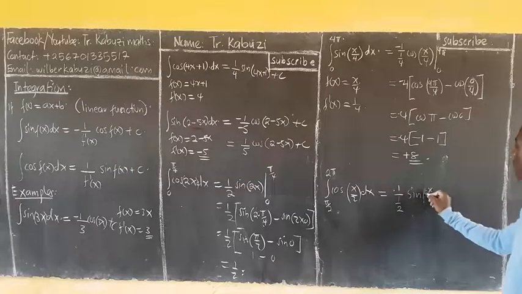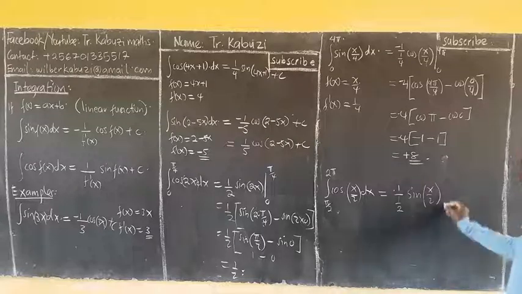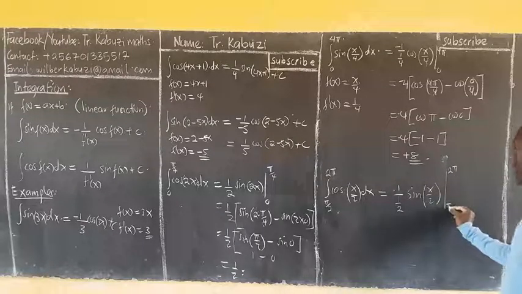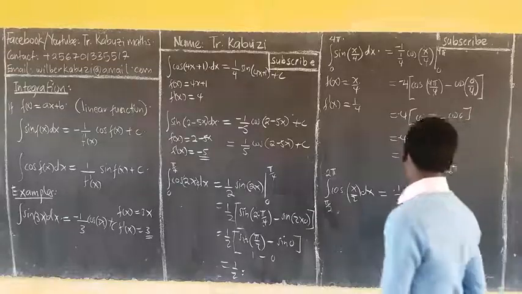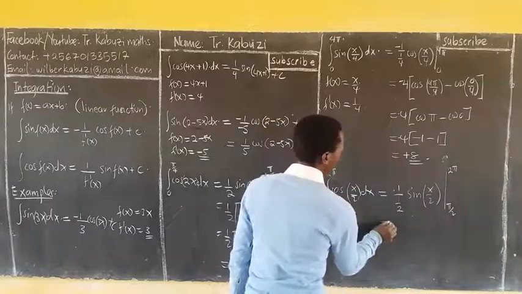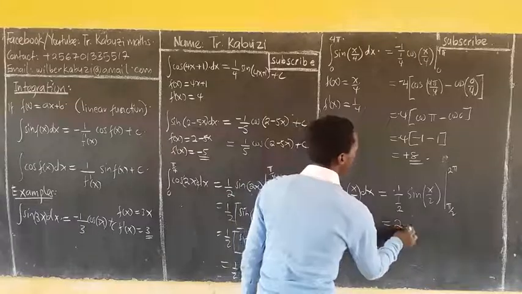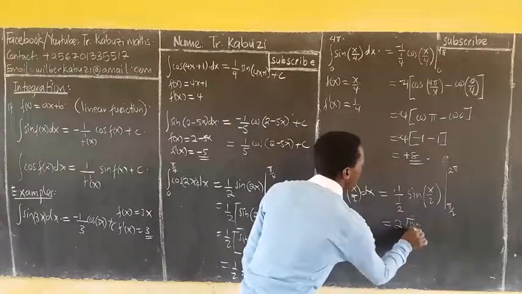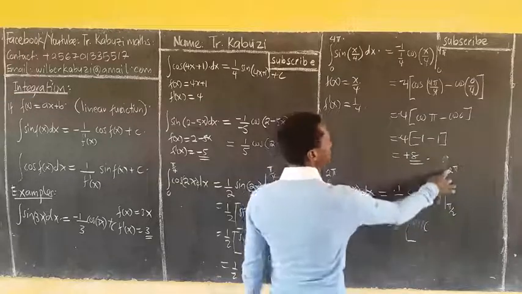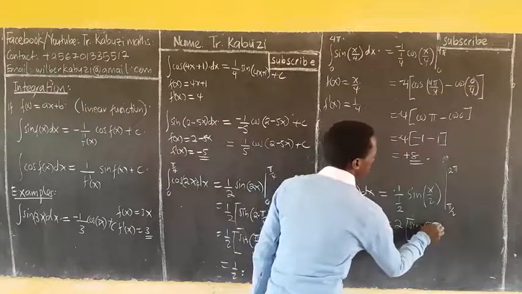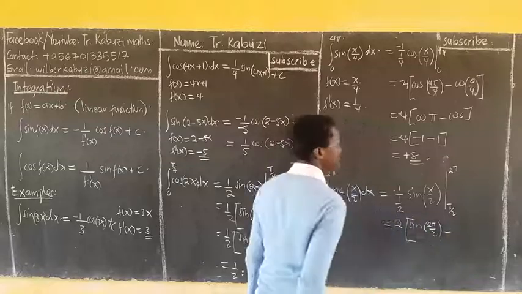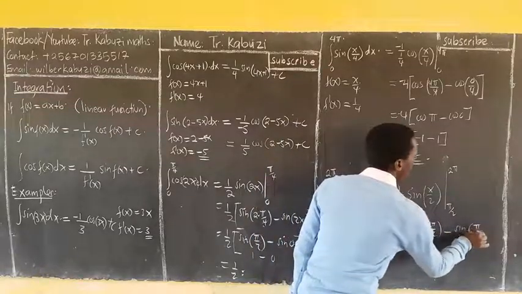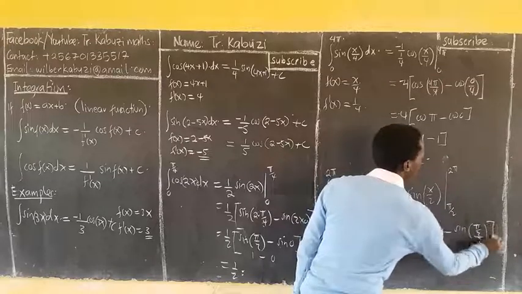Our limits are from 2 pi to pi over 2. The reciprocal of the derivative will be 2. Now sine in brackets, we put in the upper limit: sine of 2 pi over 2, then minus sine of pi over 2, divided by 2.